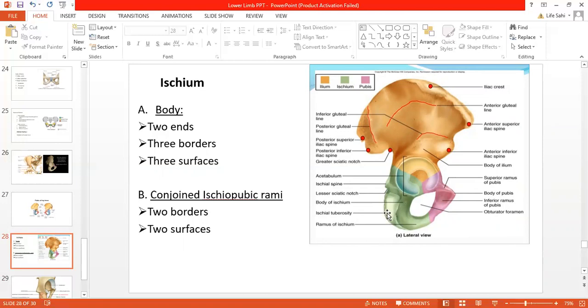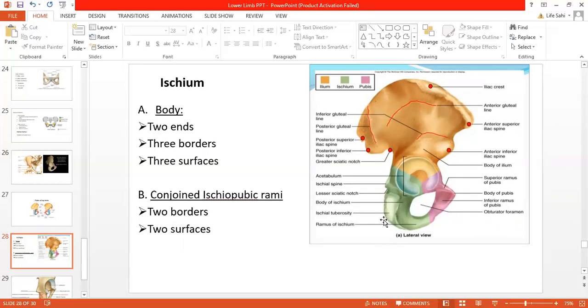And from this ischial tuberosity extends a ramus, which joins the inferior ramus of the pubic bone to form the conjoined ischio-pubic ramus. So, upper end, which forms the posterior 2/5 of the acetabulum, and a lower end of the body of ischium, which forms the ischial tuberosity.